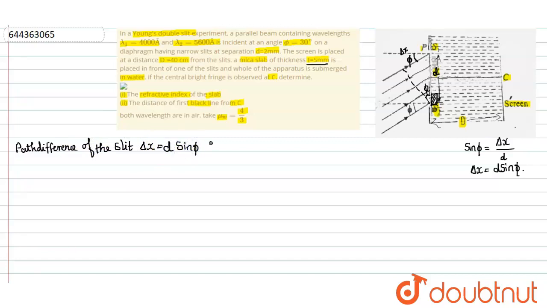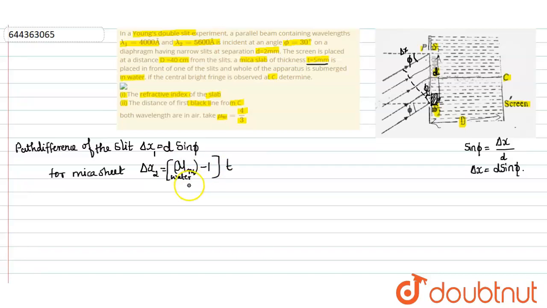When we place a mica sheet at the slit, the path difference due to the mica sheet, consider it as delta x1, will be mu m for water minus 1 into thickness of the mica sheet.